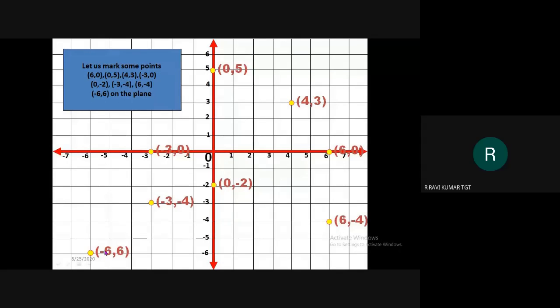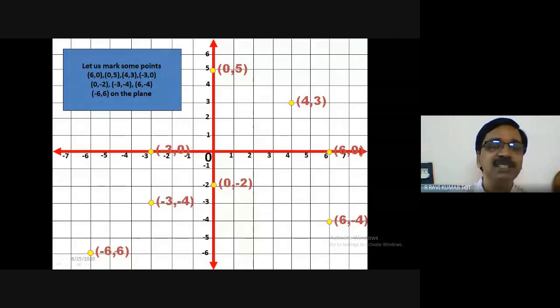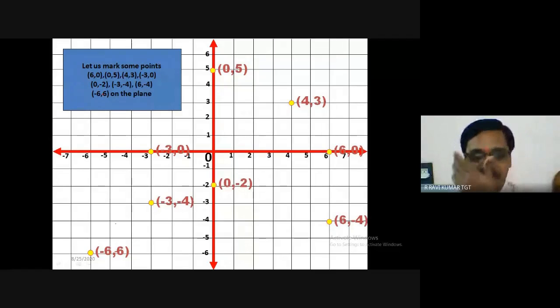So it's a mistake. Let me write it down: (-6, -6) actually. Okay, like this we can look at points on the coordinate plane.